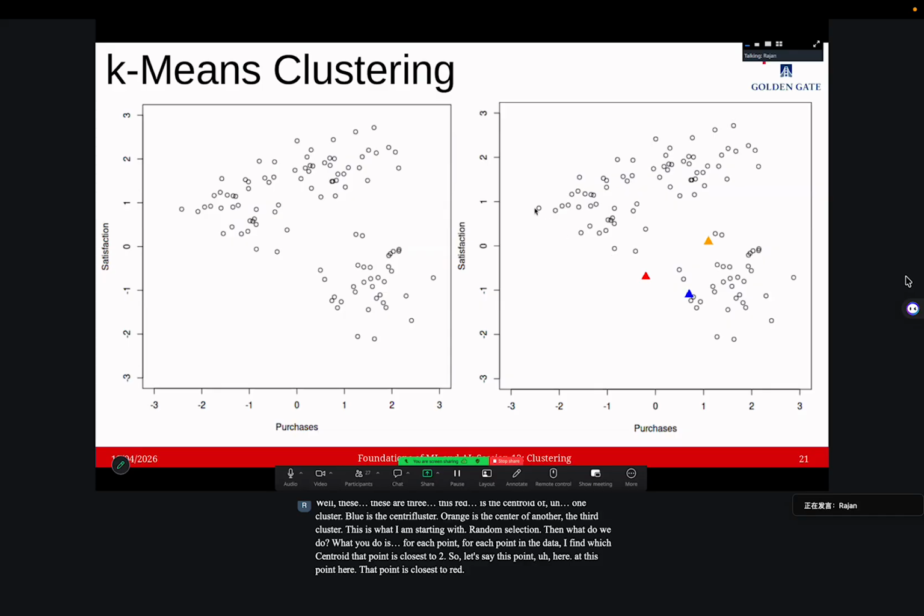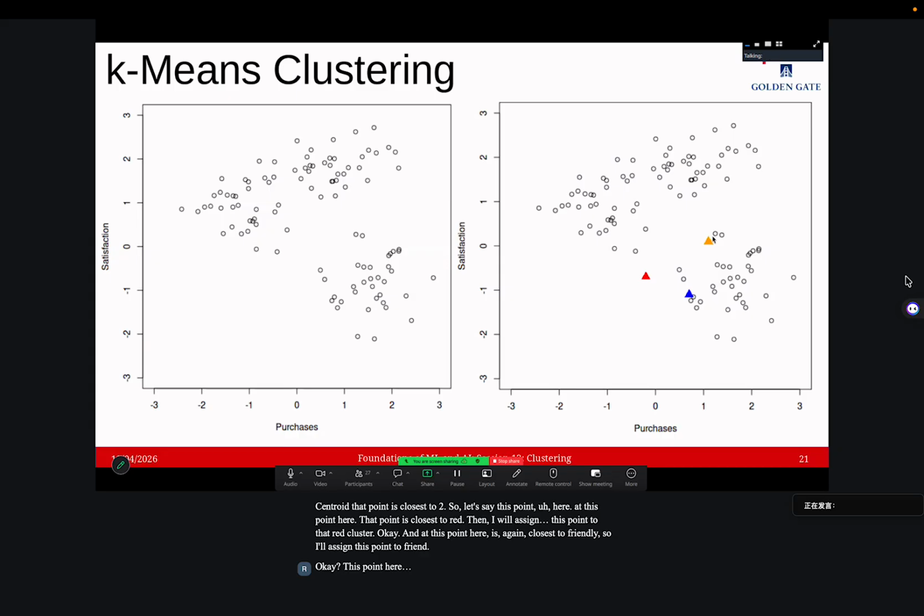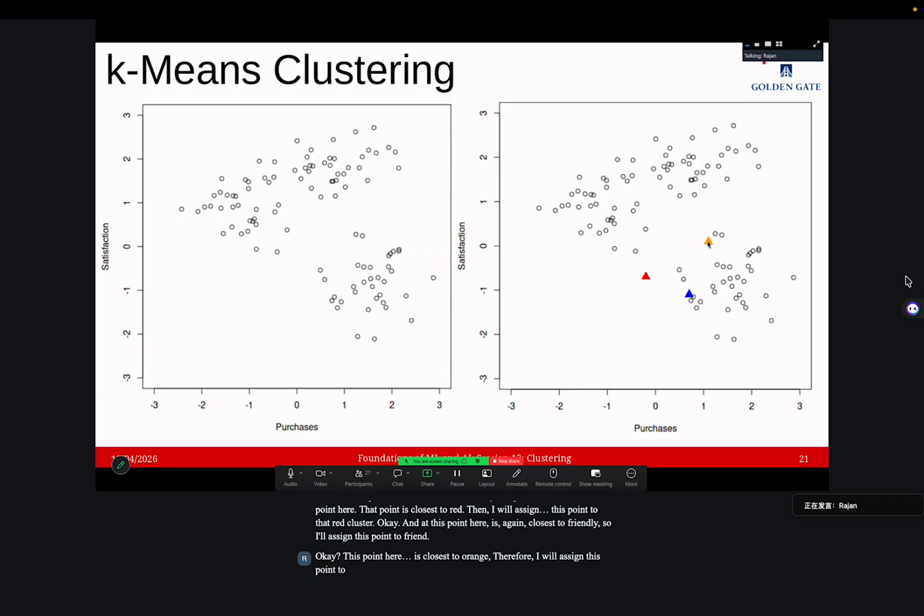Then I will assign this point to the red cluster. And this point here is again closest to red, so I'll assign this point to red. This point here is closest to orange. Therefore, I will assign this point to orange.